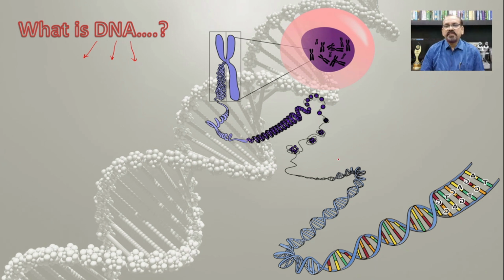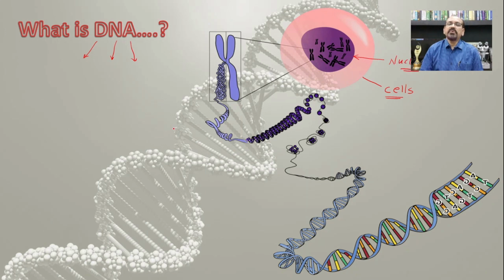So when we are seeing any organism, then that organism is made up of cells, and in eukaryotes there is a presence of nuclear membrane and well organized nucleus.